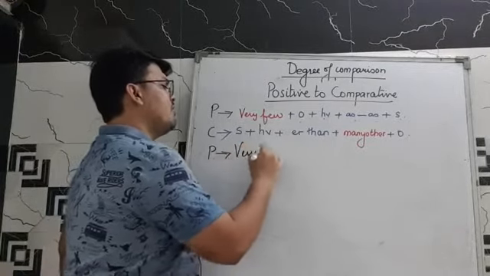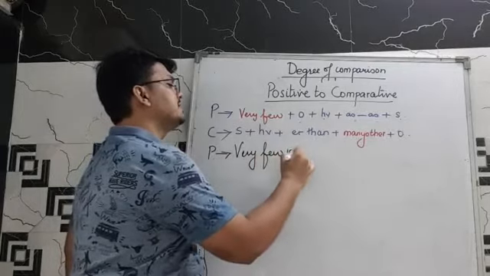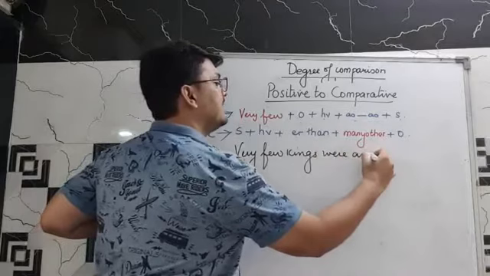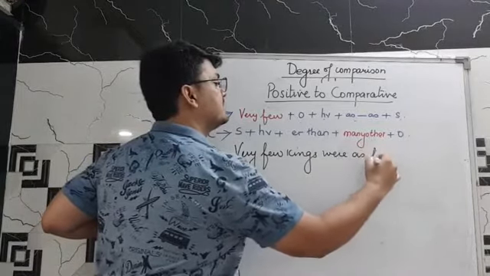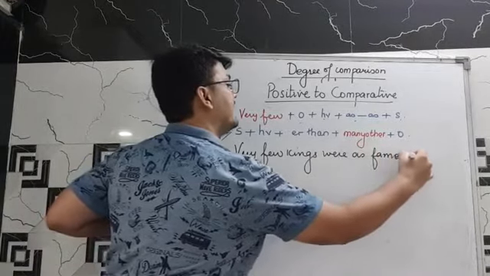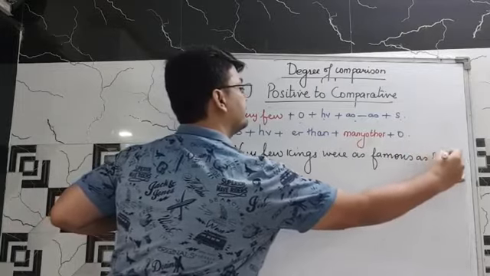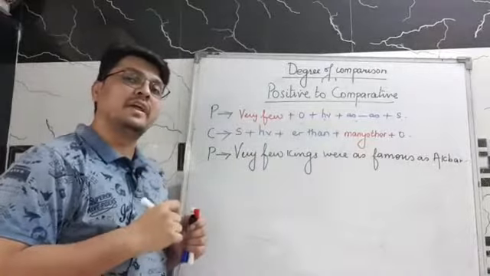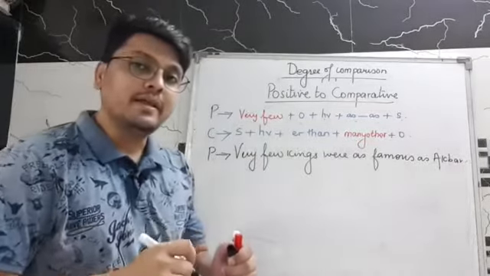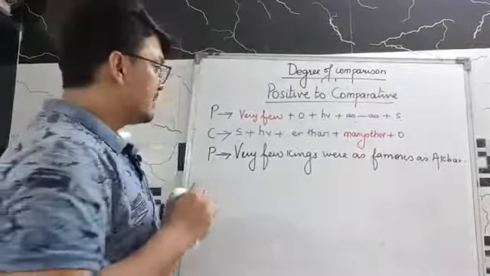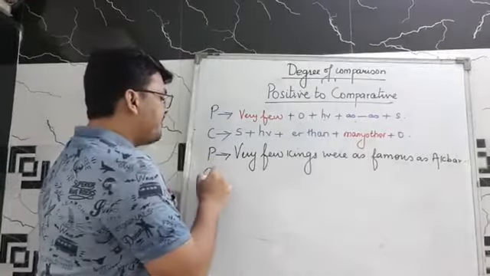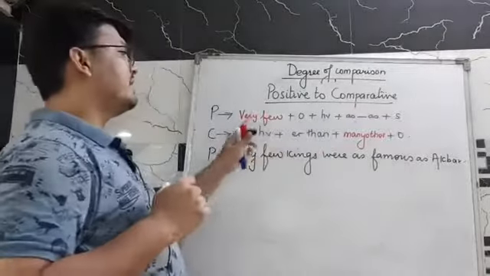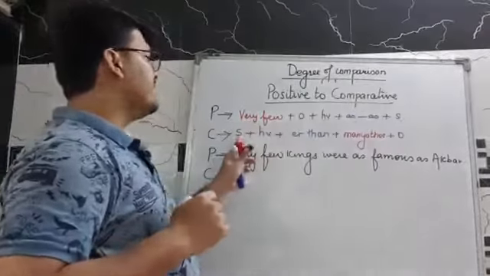Very few kings were as famous as Akbar. So now students, you can see this positive degree has started with very few. So the comparative form of this type of positive degree, same, the subject will come here in the beginning.